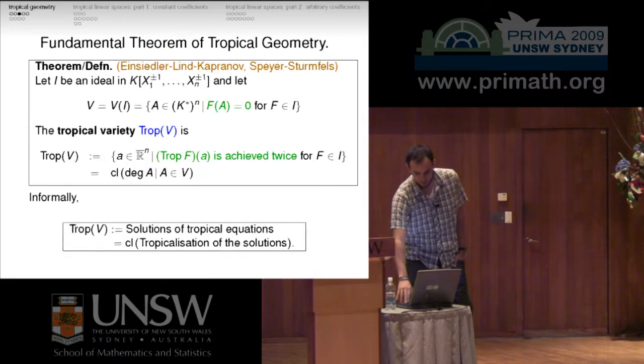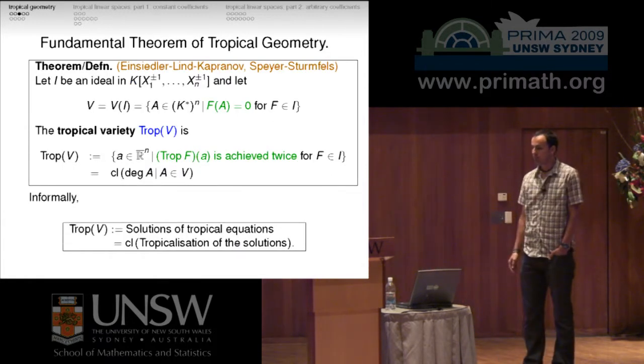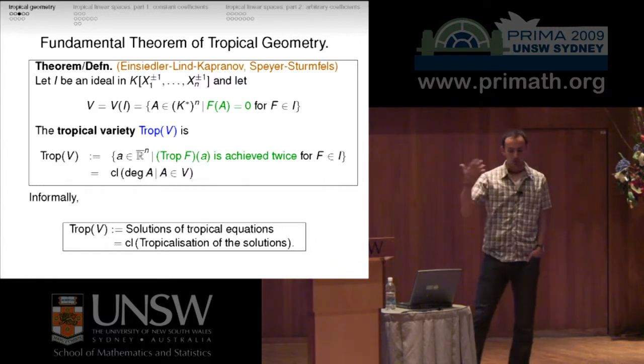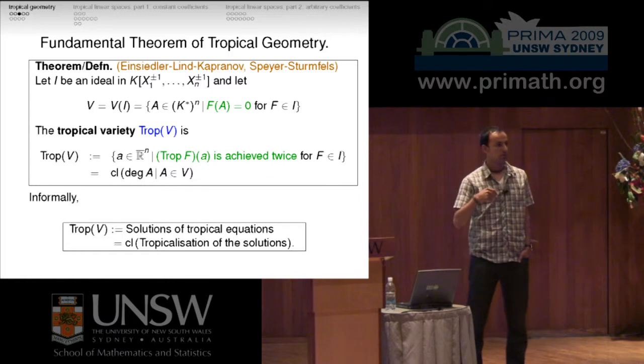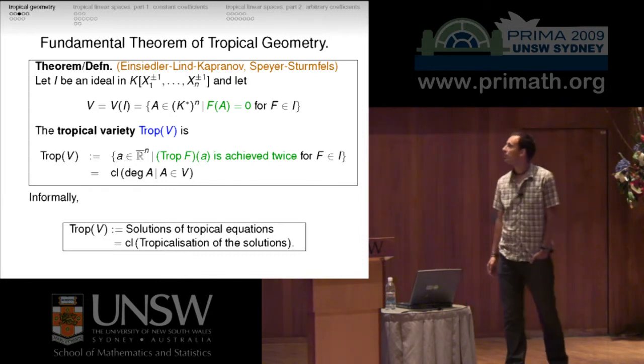Now, why is this good? Well, the first thing that I'd like to tell you about this is that basically we can go either route. I could have either tropicalized the equations or tropicalized the solutions, and I'm going to get the same answer. And this is the fundamental theorem of tropical geometry, which says the following.